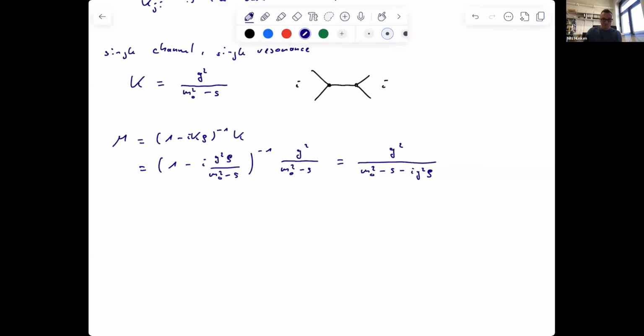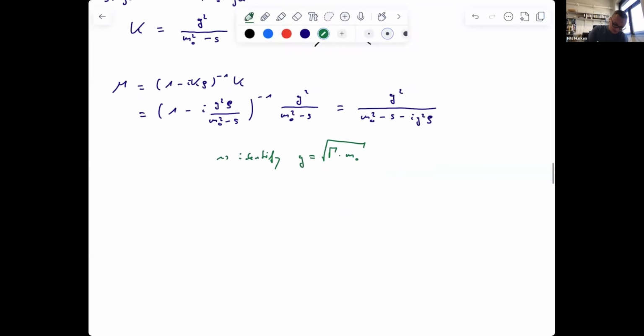And so this already looks a little bit like a Breit-Wigner, right? And so the only thing we have left to do is to identify G in terms of a Breit-Wigner width. So if we just set G equal to a new parameter, gamma times the mass, take the square root of this, just insert this into the equation above, then this reduces to exactly the relativistic Breit-Wigner with the energy dependent width.